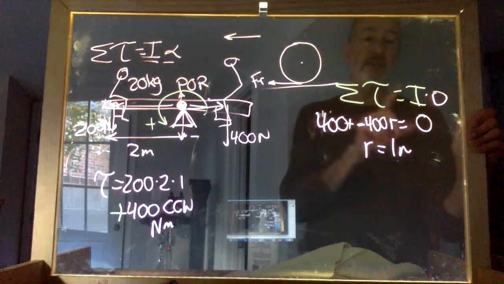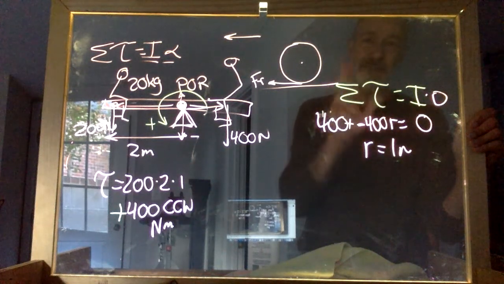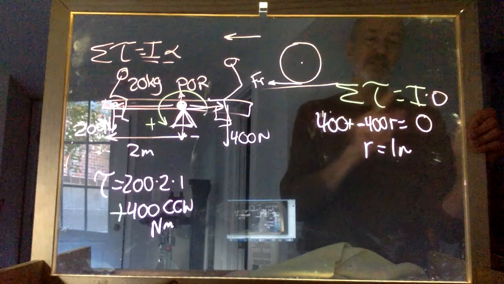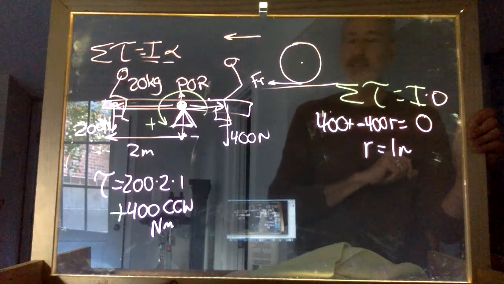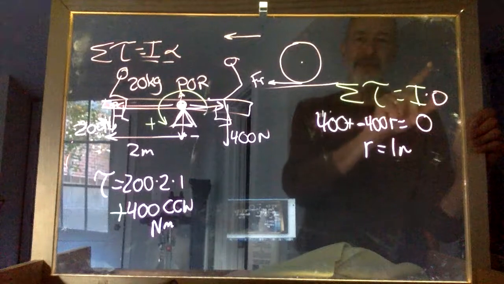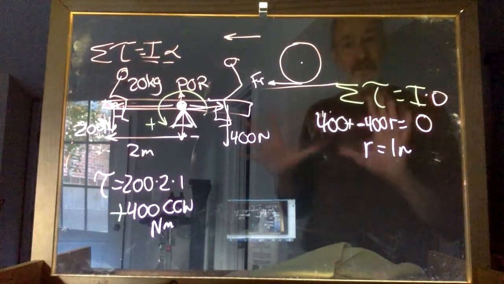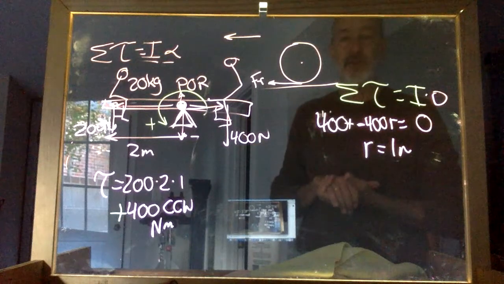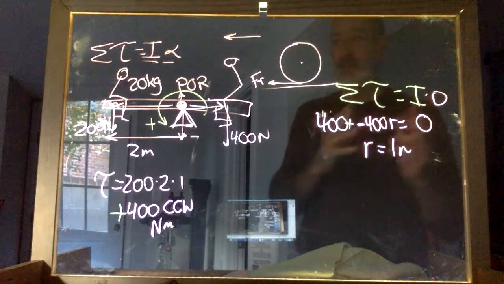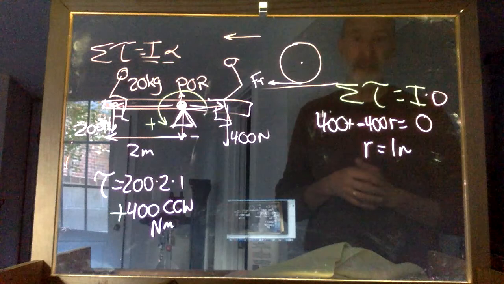Instead of sum of F equals MA, it's sum of torques equals I alpha. Okay, so if you keep those all straight, and we'll do a bunch of problems, you're going to be really fine with torque. It is no different than all the old Newton's second law stuff we did.